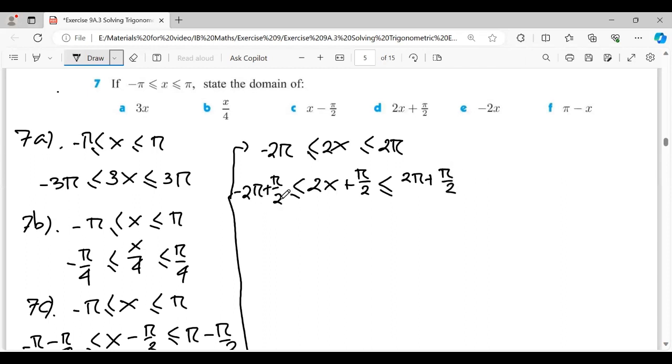So it becomes negative 4 plus 1, negative 3 half pi. And this one, 5 pi half.